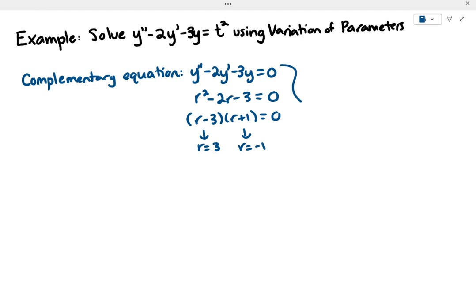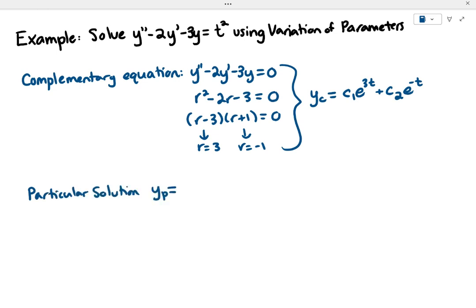And the complementary solution is yc equals c1 e to the 3t plus c2 e to the negative t. Now, to use variation of parameters, we say that the particular solution will have the form yp equals v1 y1 plus v2 y2, where y1 and y2 are the fundamental solutions from the complementary solution.